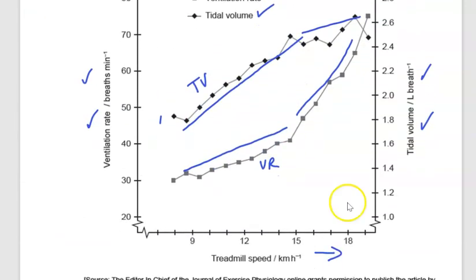So the highest plotted data, the highest speed of the treadmill, is here. Now this doesn't mean that these are the highest values, it means that this is the highest speed of the treadmill. And so we have these two values here. That one there is a tidal volume, and that's measured on this side here.